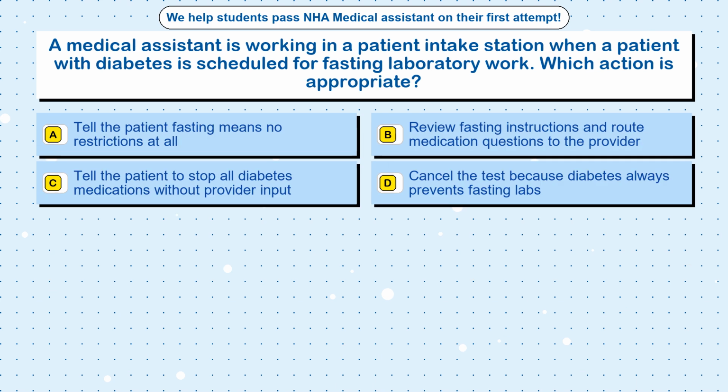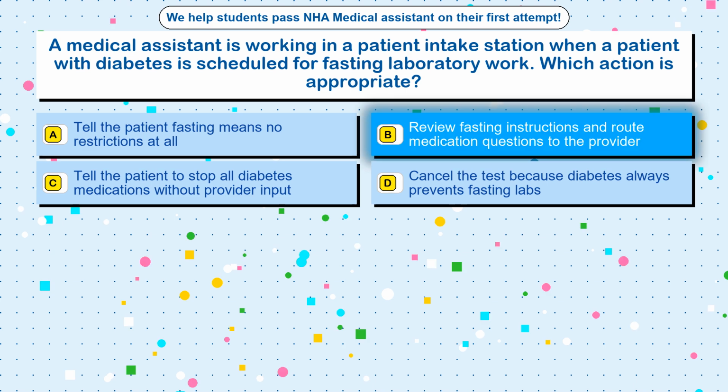Question 66. A medical assistant is working in a patient intake station when a patient with diabetes is scheduled for fasting laboratory work. Which action is appropriate? Option A. Tell the patient fasting means no restrictions at all. Option B. Review fasting instructions and route medication questions to the provider. Option C. Tell the patient to stop all diabetes medications without provider input. Option D. Cancel the test because diabetes always prevents fasting labs.